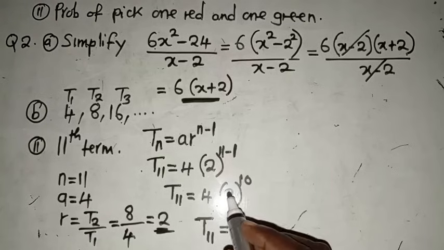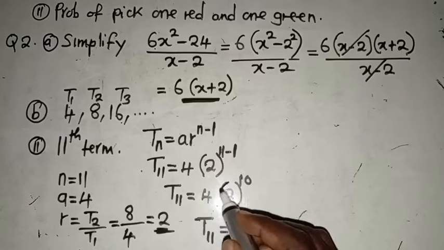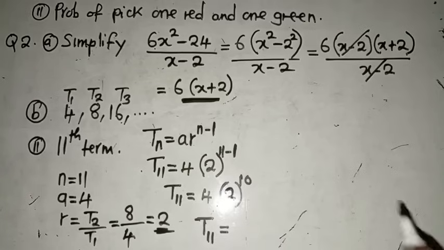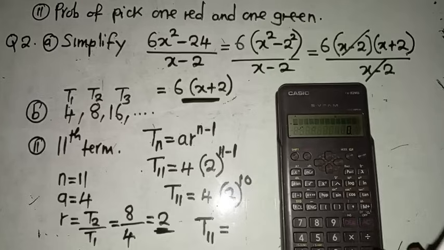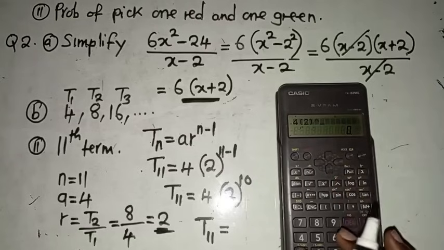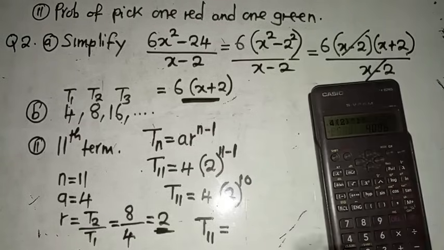Something like this, this is 2 and this is 4. So get our calculator. I say 4, open bracket, 2 to the power 10. What answer am I getting? I'm getting 4096.